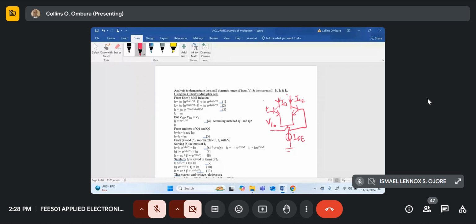So for this circuit, if I start at the base of Q1, let's call these Q1 and Q2. If I start at the base of Q1 over here, I drop VBE1, then I add VBE2. If I apply KVL, I'll get V1 minus VBE1 plus VBE2 is equal to 0.